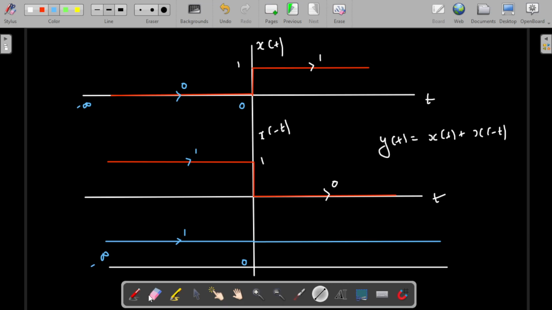So the signal will be 1 for the entire duration from minus infinity to infinity. 0 plus 1 is 1. This is how the normal addition of signals works. So this will be y of t. I hope you are able to understand.